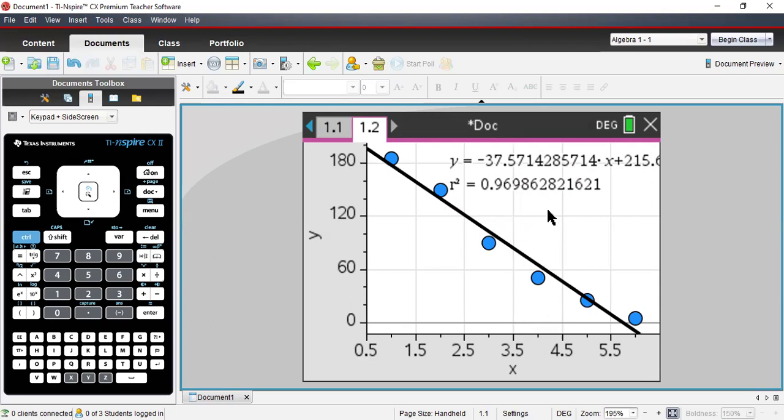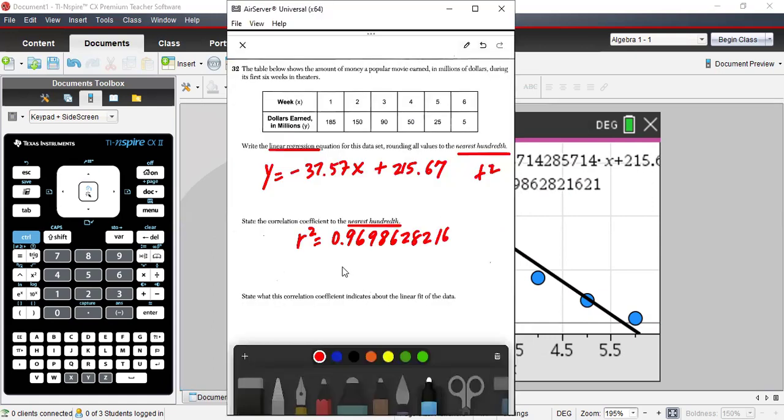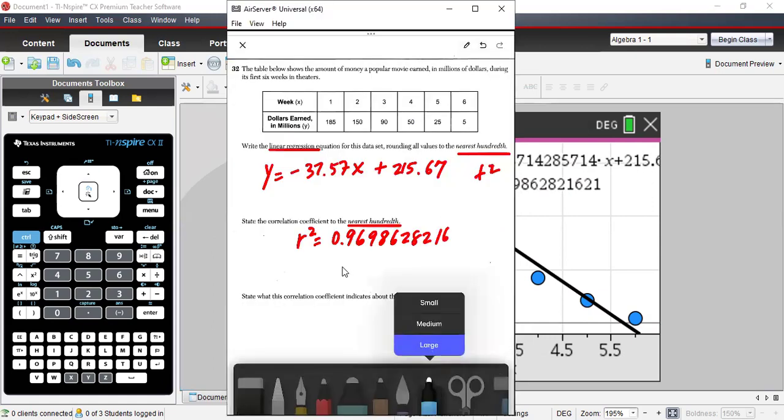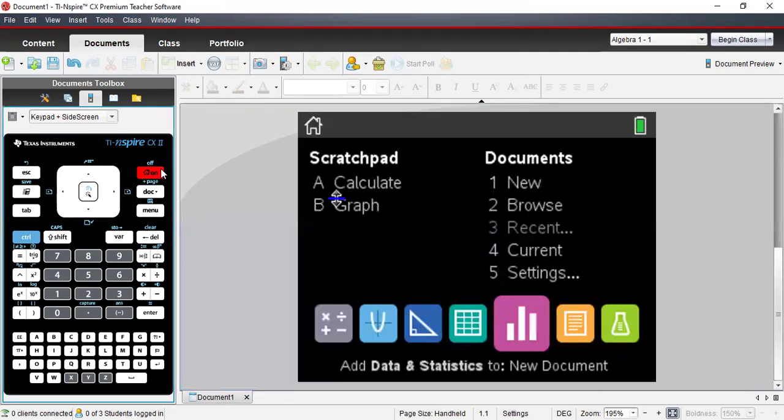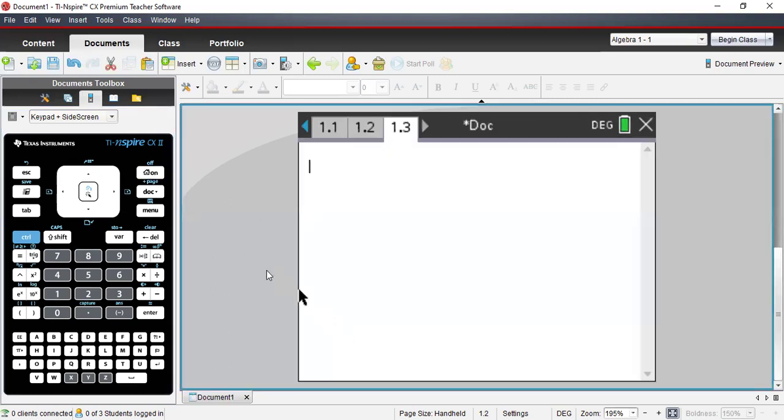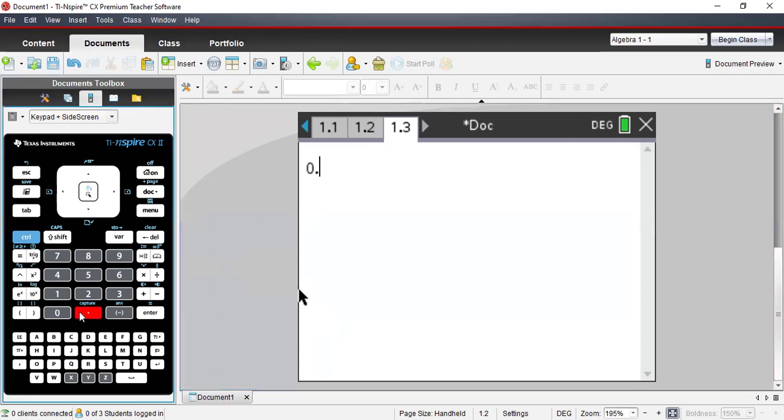That's enough. And so what I'm going to do is take the square root of this, and that's going to give me the correlation coefficient. So I'm going to go here and type in the r squared.